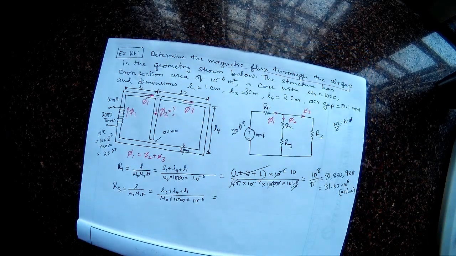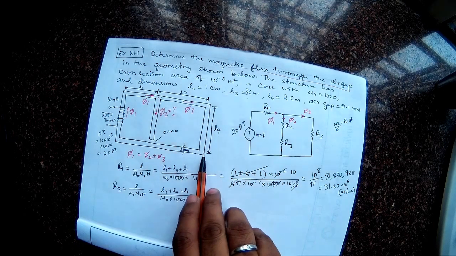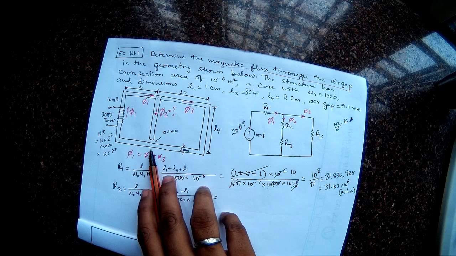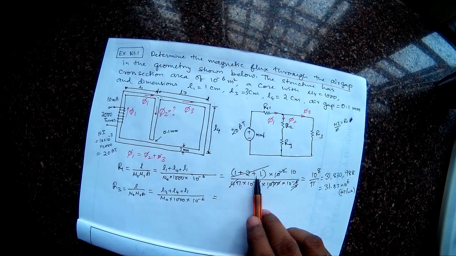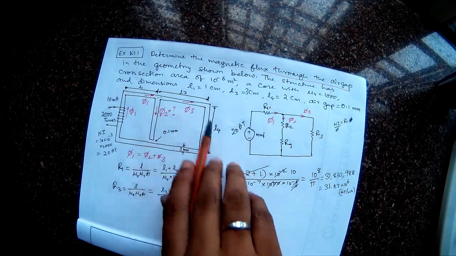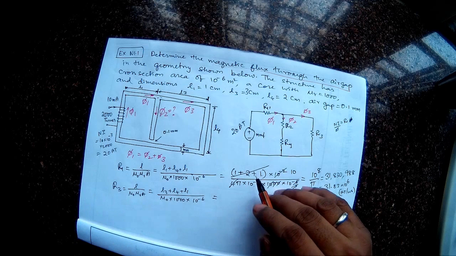Now if you notice, L3 is 3 centimeters. So this is 3 plus 2, 5 centimeters plus again 3, 8 centimeters. Whereas here the length was 4 centimeters. So basically the material is same, cross section area is same, and only the length is becoming 4 to 8.